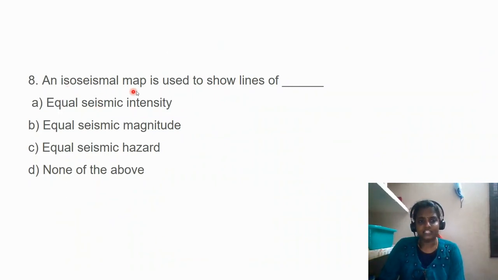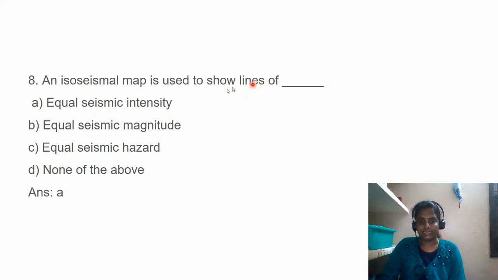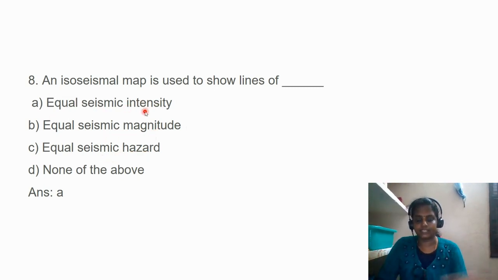An isoseismal map is used to show the lines of equal seismic intensity. It connects the points of areas with equal seismic intensity. That map we call an isoseismal map. There are no maps connecting equal seismic hazard or magnitude. This is an existing one.